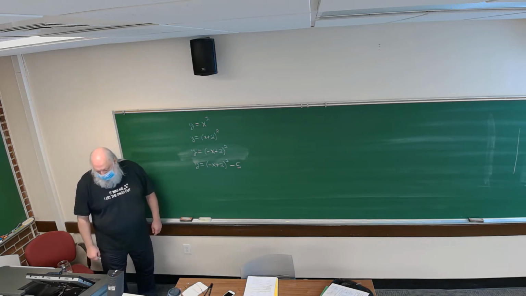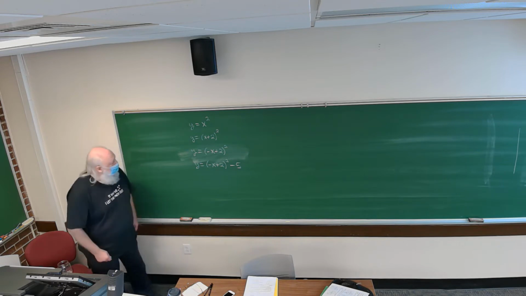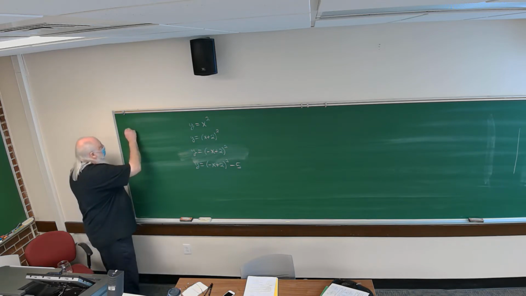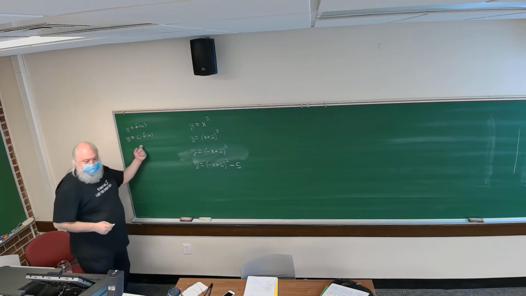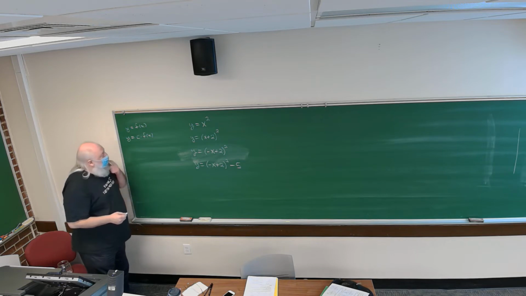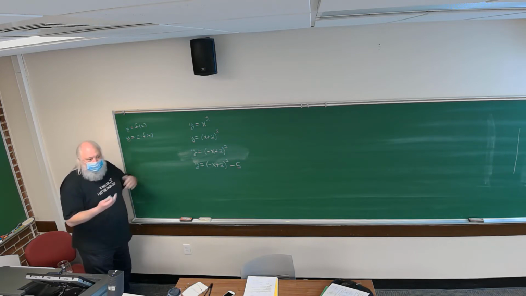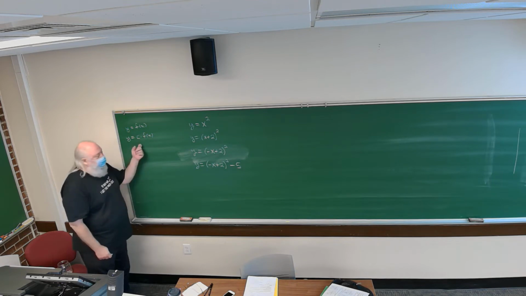Okay. And now the vertical scaling by a factor of 4, right? If we have the function y equals f of x, and we multiply it by a constant c, that's vertical scaling, okay? If c is greater than 1, that's a stretch. If c is between 0 and 1, that's a compression, okay?